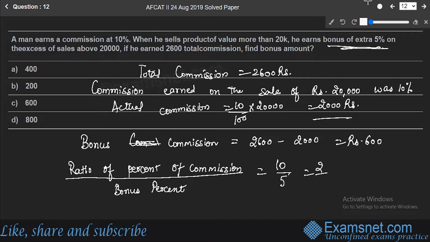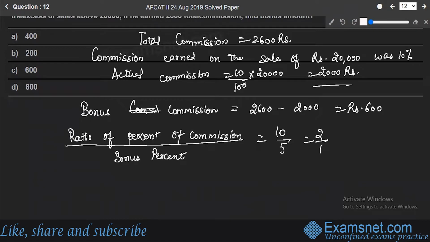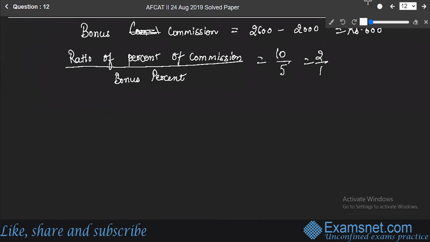That is equal to 2 by 1. So that means the amount earned as bonus will be 600 into 1 upon 1 plus 2.